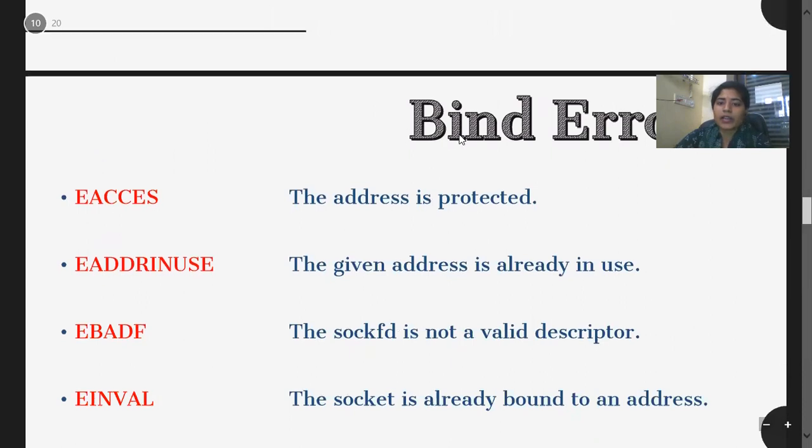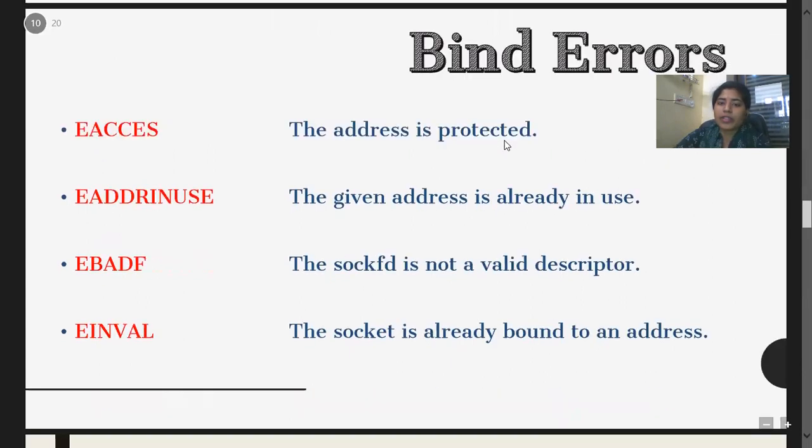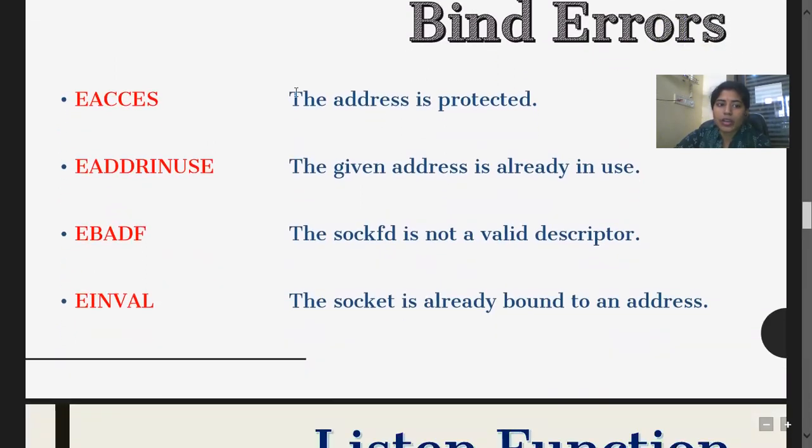Now the bind errors. Whenever you are using the bind function, some errors might occur during the bind. So what are the bind errors? EACCES means the address is protected. EADDRINUSE means the given address is already in use.